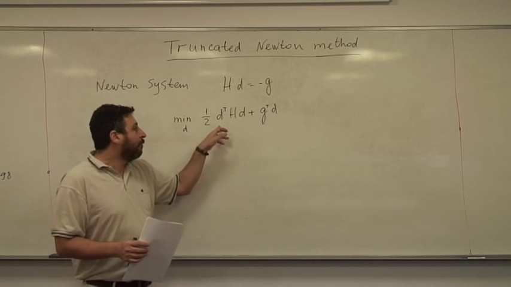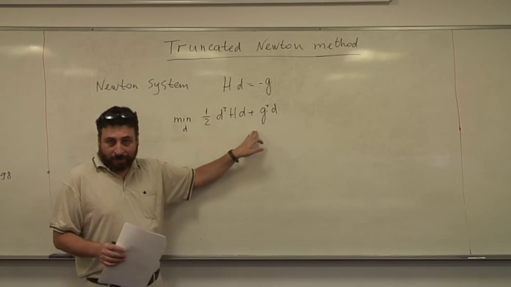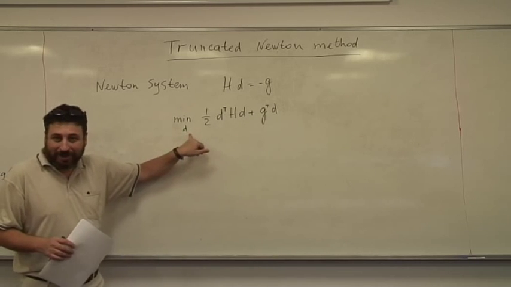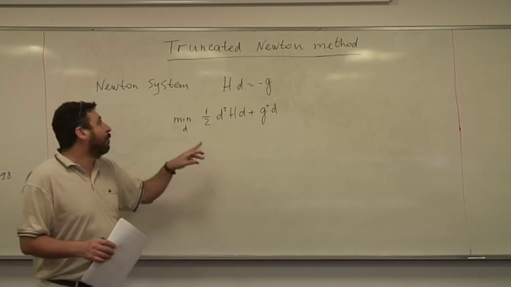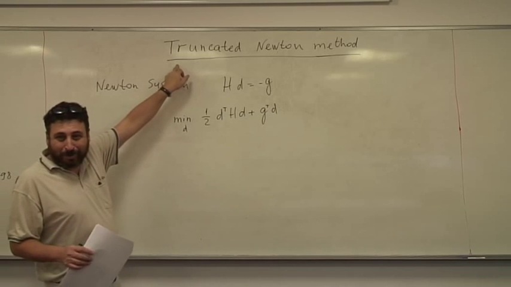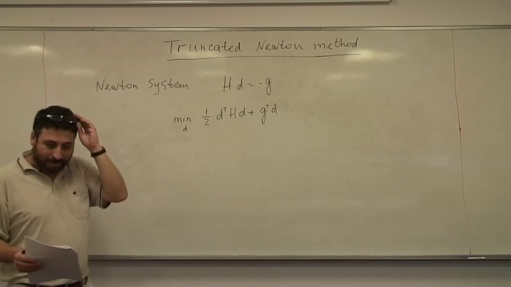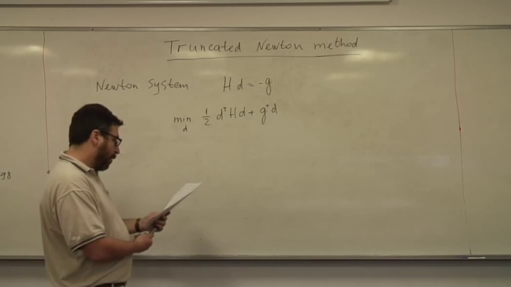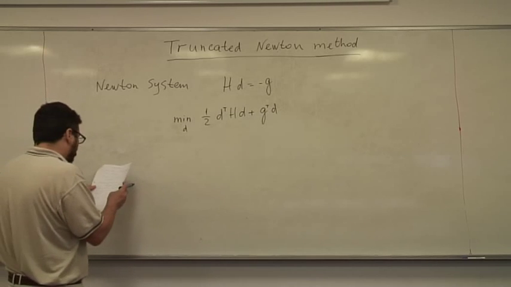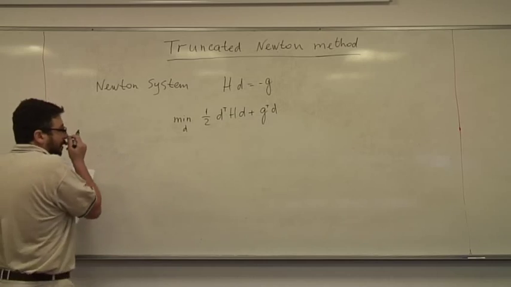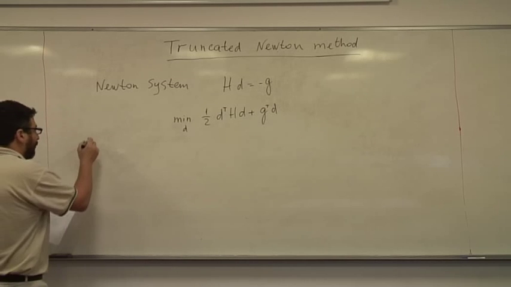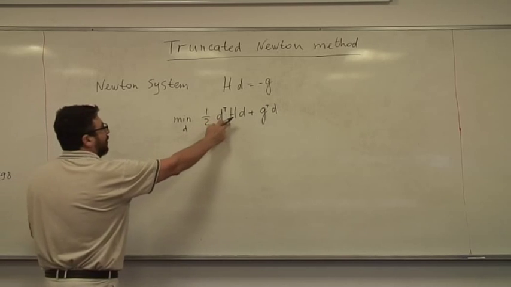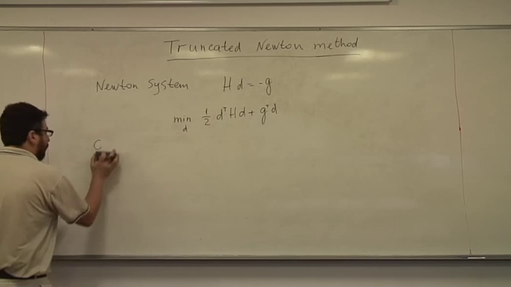So instead, we minimize this quadratic form using conjugate gradient methods with respect to d, only approximately. And because of this, it's named truncated Newton. So we truncate our Newton iteration. One can say, formally or informally, we need to compute a few steps of conjugate gradient for this problem.